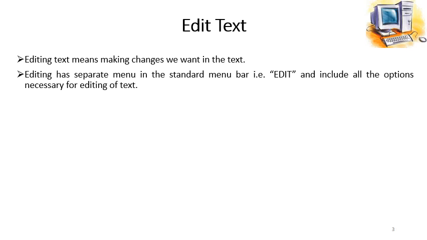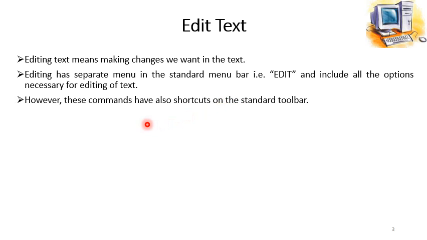But in the MS Office that we are using, 2013 and onwards, the Edit menu does not exist separately, but the options used for editing a document are included inside the Home tab. So all those editing related options, commands or buttons are included in the Home tab in the current Office or MS Word programs. However, these commands also have shortcuts on the standard toolbar.